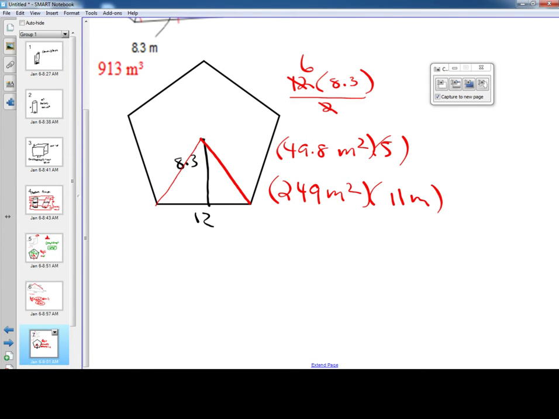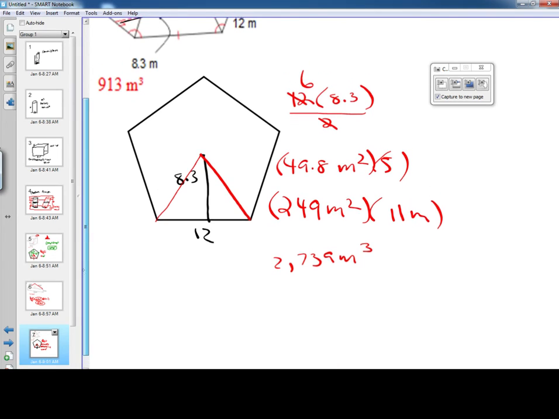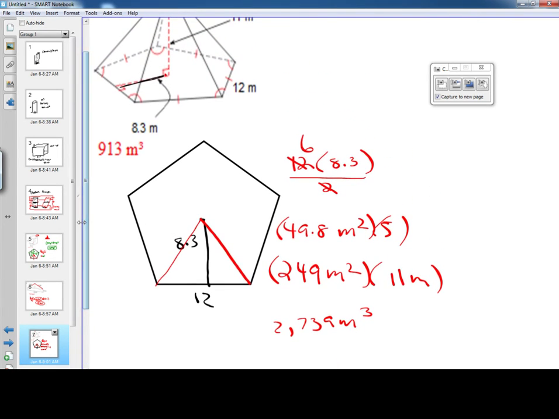So what's 249 meters squared times 11 meters? 2,739. Wait, what? That doesn't match. Is that the answer?